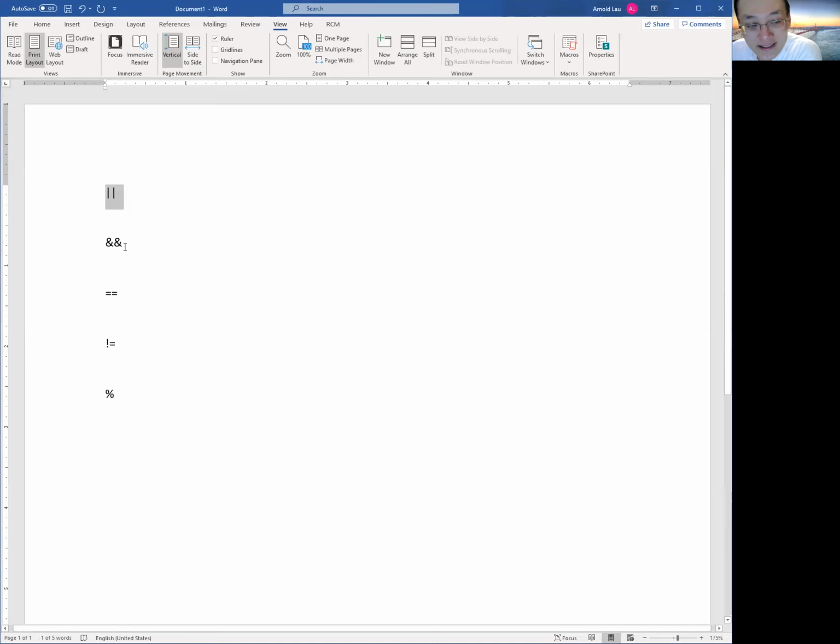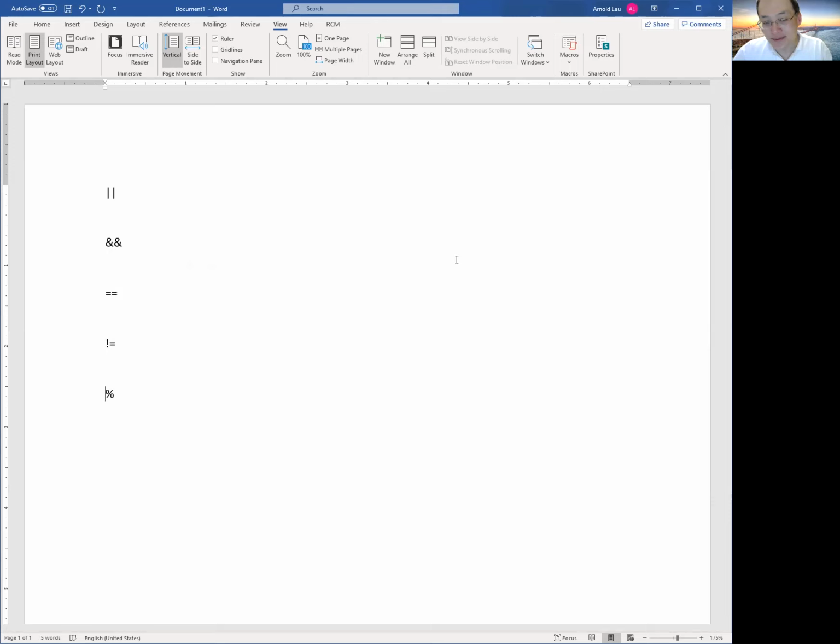And then you have these double ampersands. That means an and. This is to compare whether it's equal. This is to say not equal. And then this is your mod operator, this percentage sign. Okay, so how do we evaluate these? I mean, these things will generally evaluate to true or false, except for this percentage.